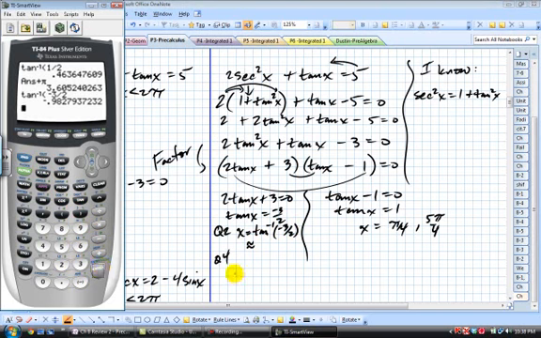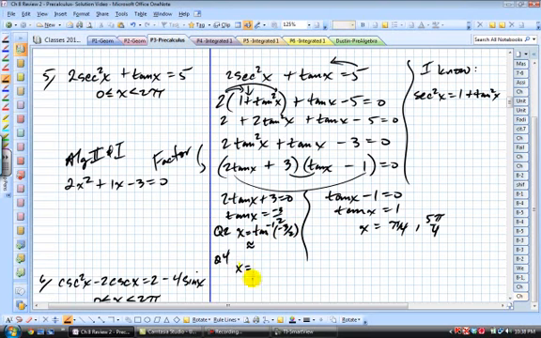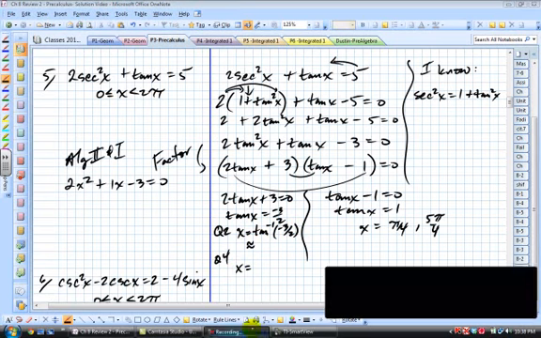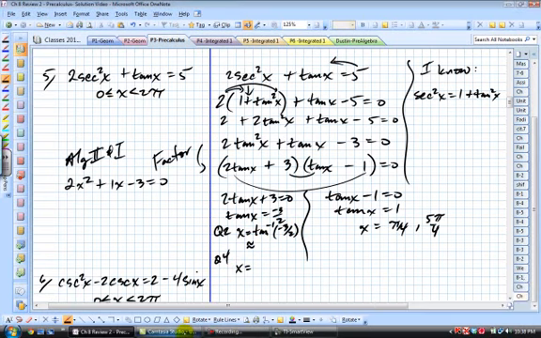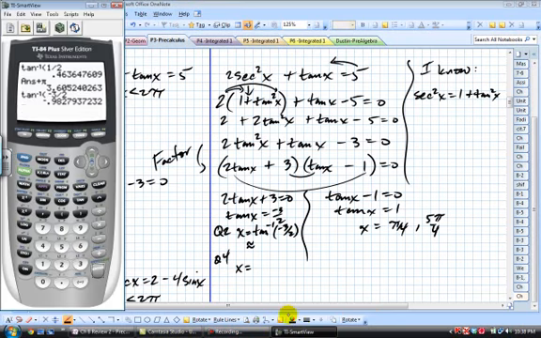So what I'm going to do is I'm going to need my quadrant 4 answer first. I need my calculator here. All I have to do to get to quadrant 2 is add pi to that. Because we're in quadrant 4, if I add pi, that'll give me quadrant 2.